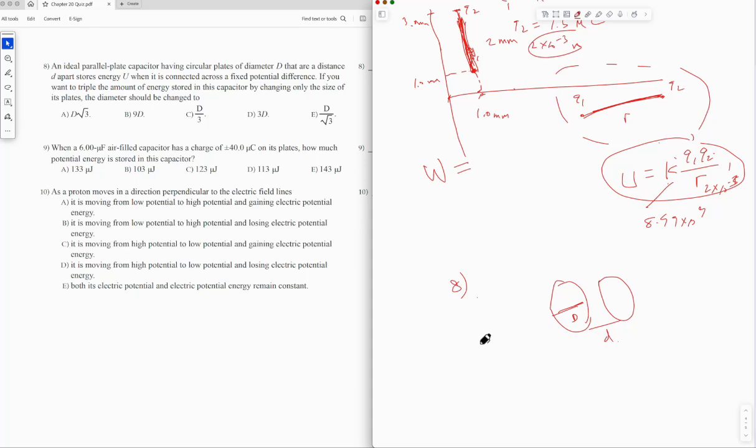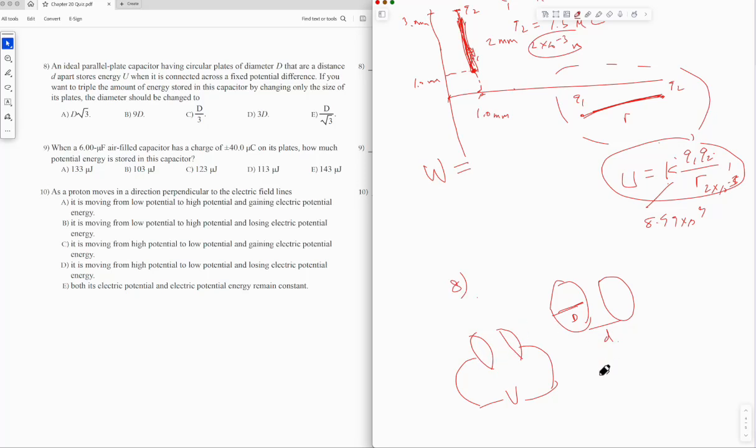If you want to triple the amount of charge stored in this capacitor by changing only the size of its plates, the diameter should be changed to what?